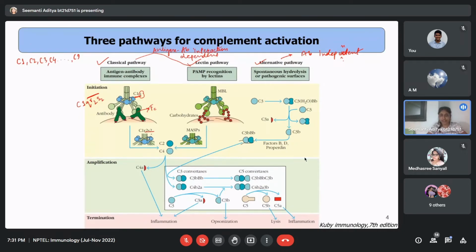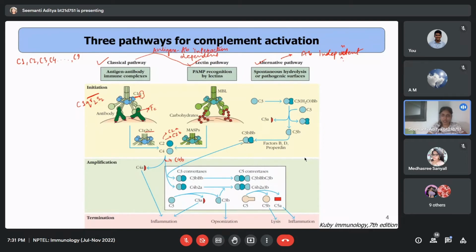So C1 R2S2 gets activated due to the binding of C1q, and that will result in the cleavage of two complement proteins in the pathway, C2 and C4. C2 gets cleaved into C2A and C2B, and C4 gets cleaved into C4A and C4B. This is C4B. So this is what happens in the classical pathway.